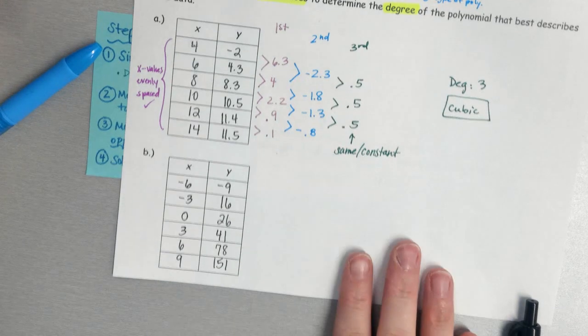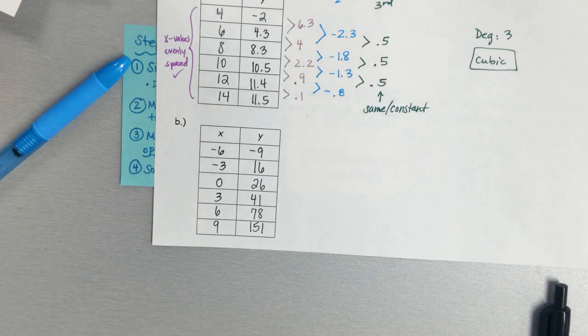Alright, so I want you to find the constant differences there. And again, the first thing you want to check is what? What do you want to make sure you have? Yeah, the evenly spaced x's, which we do. All the x's are going up by what value?